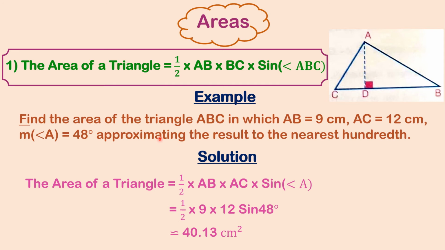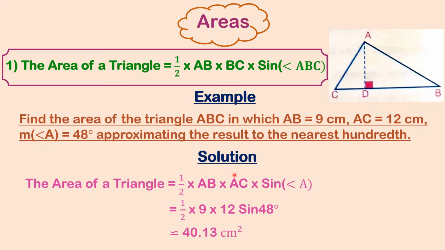For example, find the area of the triangle ABC in which AB equals 9 cm, AC equals 12 centimeters, measure angle A equals 48 degrees, approximating the result to the nearest hundredth.